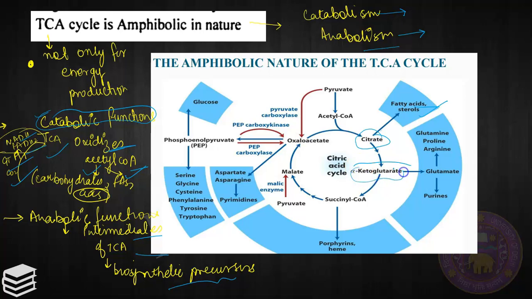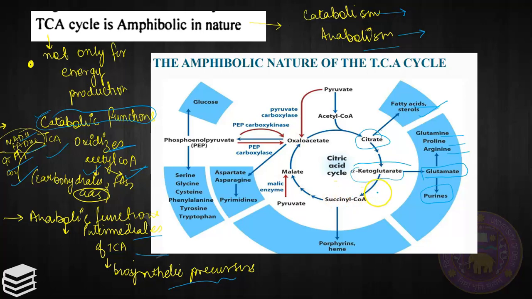It is involved in the biosynthesis of various amino acids. It gets converted into glutamate, which is involved in the synthesis of amino acids like glutamine, proline and arginine. It is also involved in the production of the purines, that is guanine and adenine.